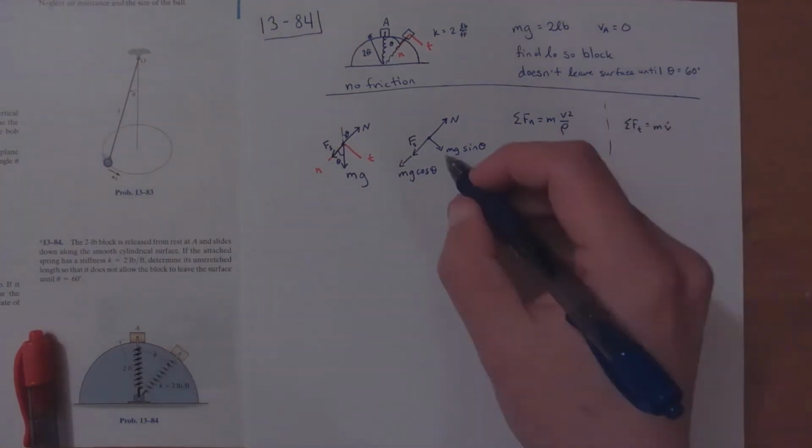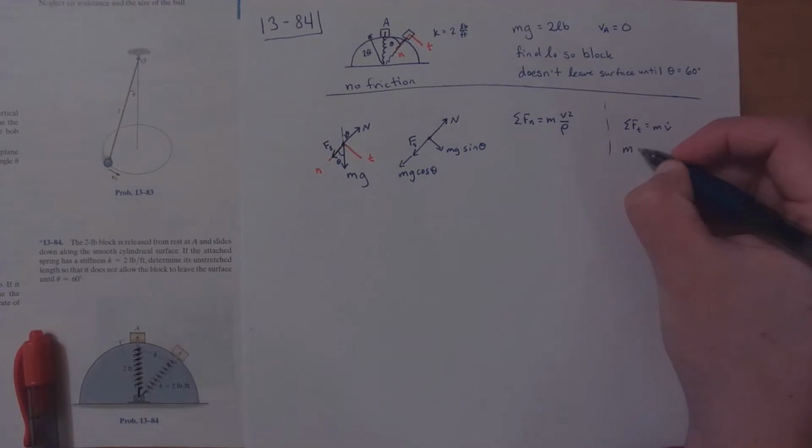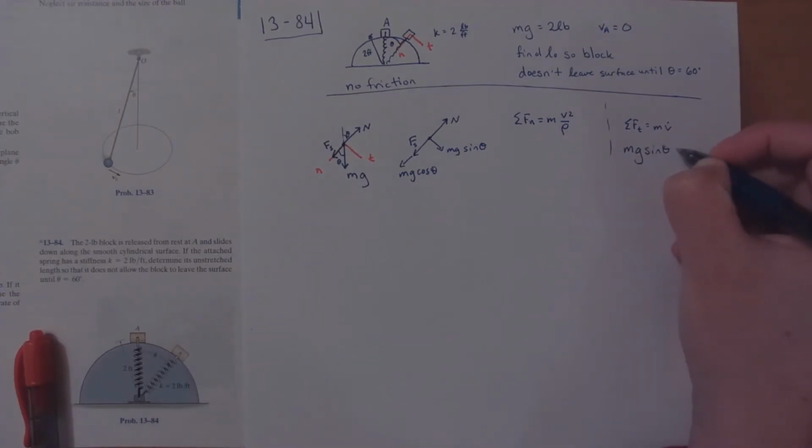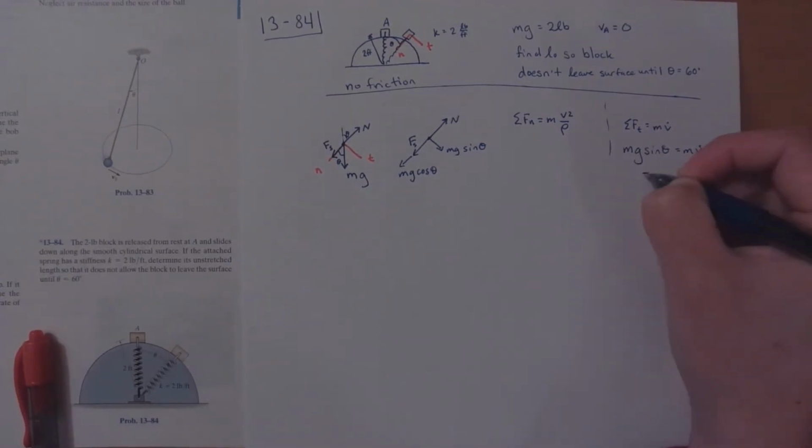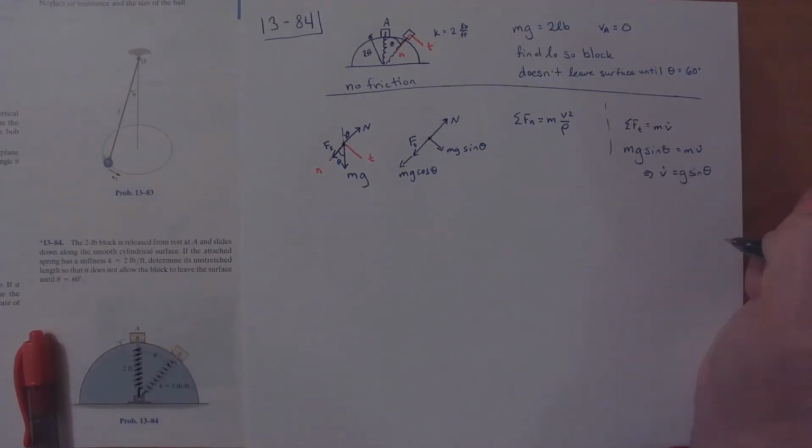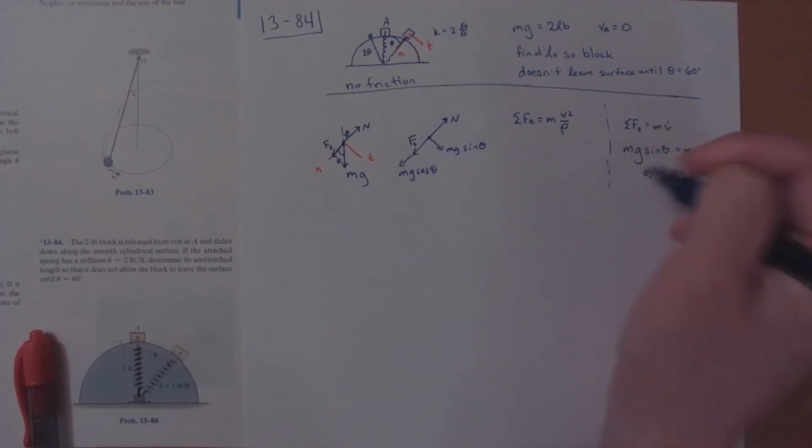So in the tangential direction, I just have one force, so I have mg sine theta is equal to m times v dot, therefore v dot is equal to g sine theta. Now let's look in the normal direction.